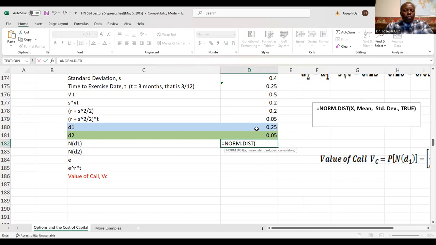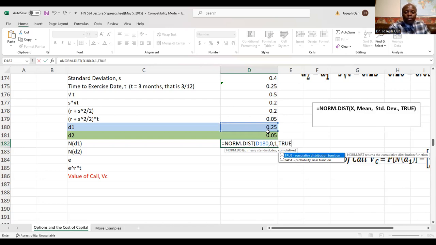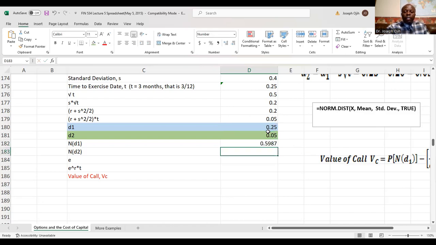Then for X, this is the ND1, so our X is the value for D1, comma. Then from the standard normal distribution in your statistics class, you already know that the mean is 0 and the standard deviation is 1. So mean is 0, comma. The standard deviation is 1, comma, and it's true because this is cumulative. Then close parenthesis and press the enter key. So it gives us the value of ND1.